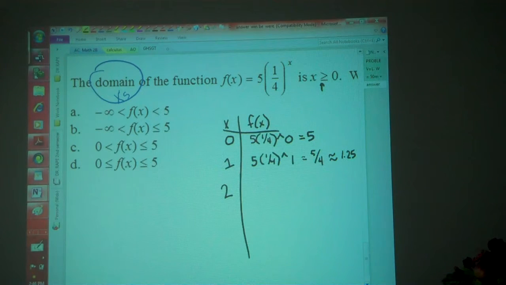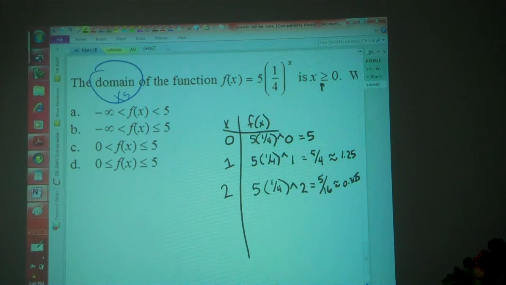Put 2 in there. 5 times 1/4 to the power of 2. And again, plug this in your calculator. Don't take a risk of getting it wrong when you don't have to. Your calculator will either give you back 5/16, or 5 divided by 16, which is about 0.3125.